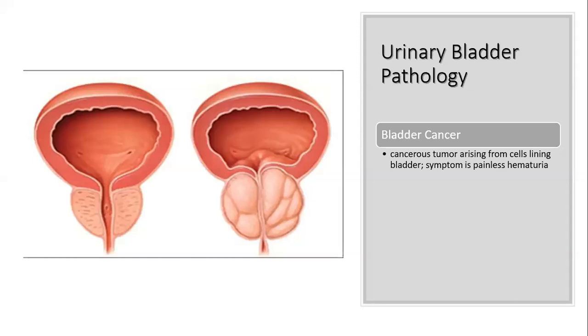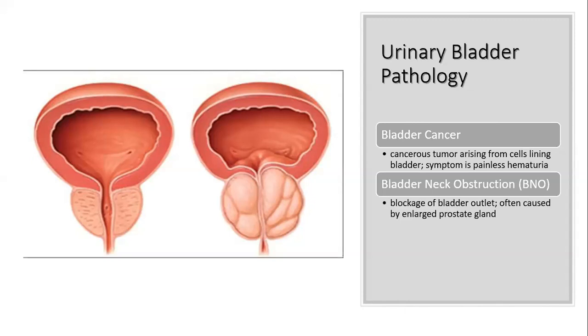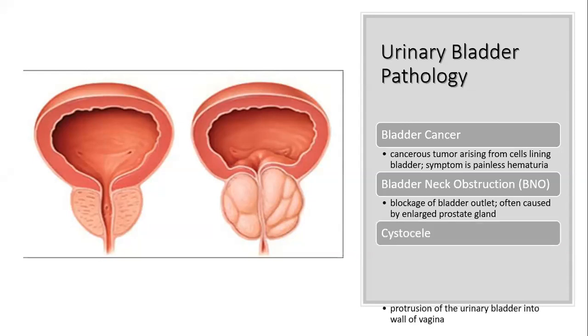Bladder neck obstruction, blockage of the bladder outlet, often caused by an enlarged prostate gland or contraction of the bladder neck. Cystocele, protrusion of the urinary bladder into the wall of the vagina.